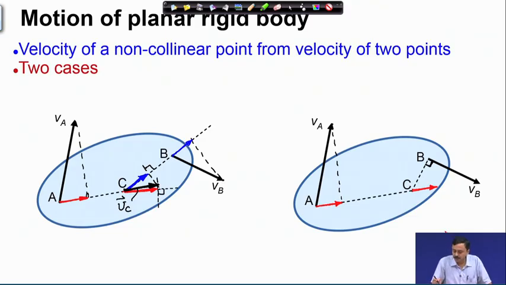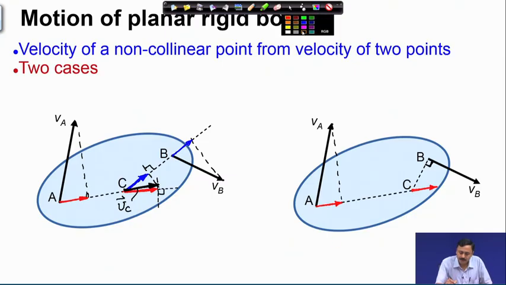Now, what should be the velocity of C along CB? It must be the projection of VB along CB. Since VB is perpendicular to CB, the projection is 0. Now, because this is 0, it means that point C does not have any velocity along CB, it cannot have any velocity along CB.